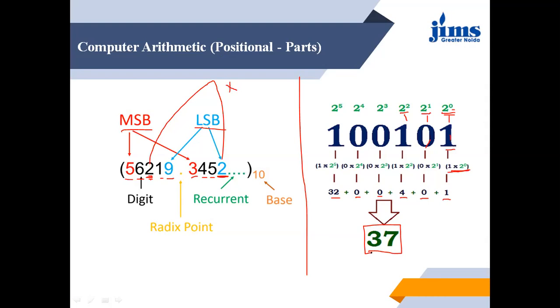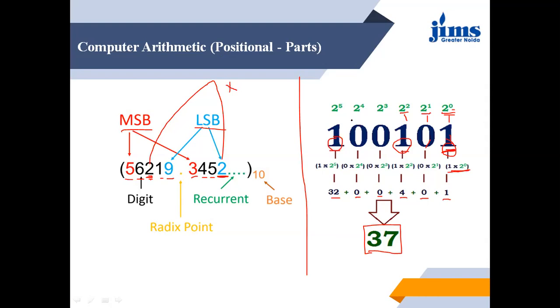My purpose is to tell you that here the value of this one and this one and this one is different. The value of this one is 1, value of this one is 4, and value of this one is 32.